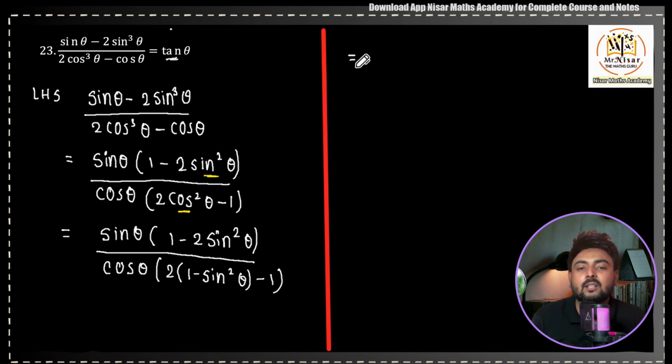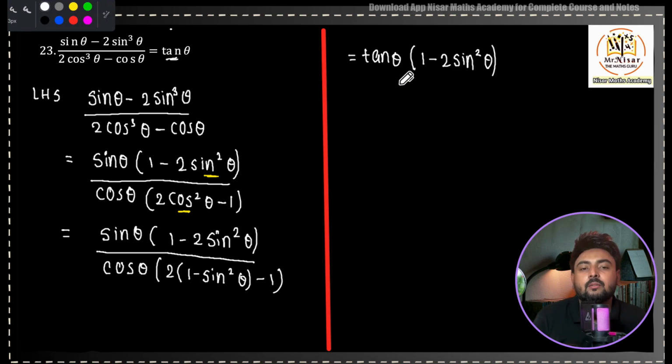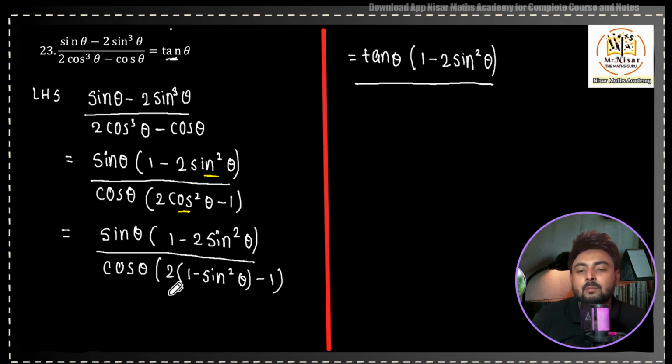So that you should not get confused. This is the next step after this. So can I write this sine by cos as tan? Okay, I'll write it over here, sine by cos as tan, and here I'll write 1 minus 2 sine square theta in the numerator, and in the denominator we have, now this will be multiplied with the bracket.